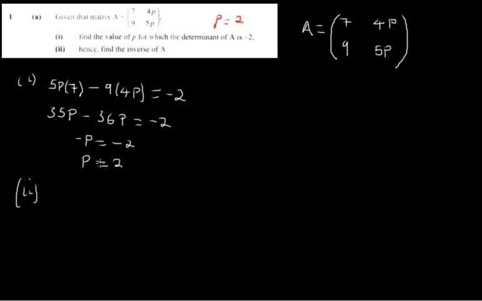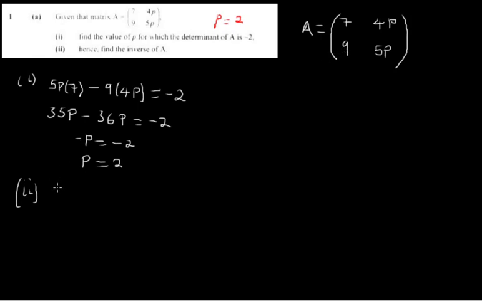Part 2 is saying find the inverse of A. So how do you find the inverse? Remember, we swap the values in the major diagonal and give the values in the minor diagonal negative signs.